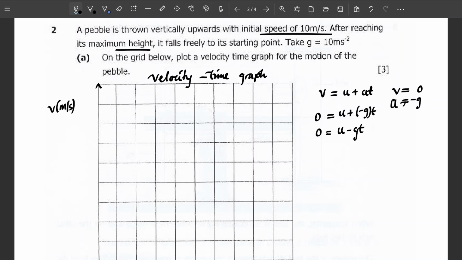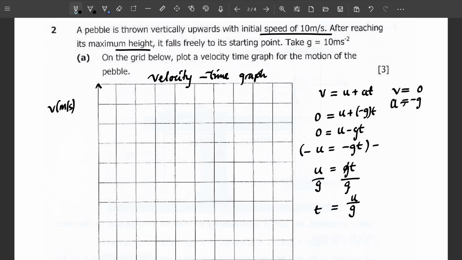So you make u the subject of the formula. So negative u is equal to negative gt. Then you multiply by negative both sides, so you get rid of it. So you have u is equal to gt. So let's find time. We'll divide by g, so time is going to be equal to u over g.